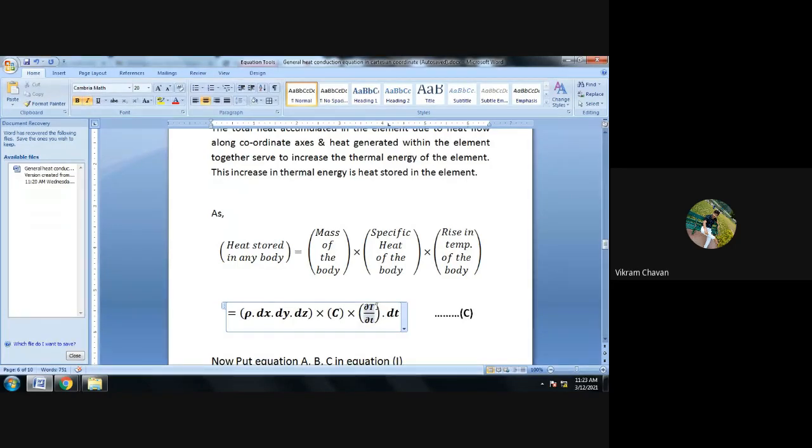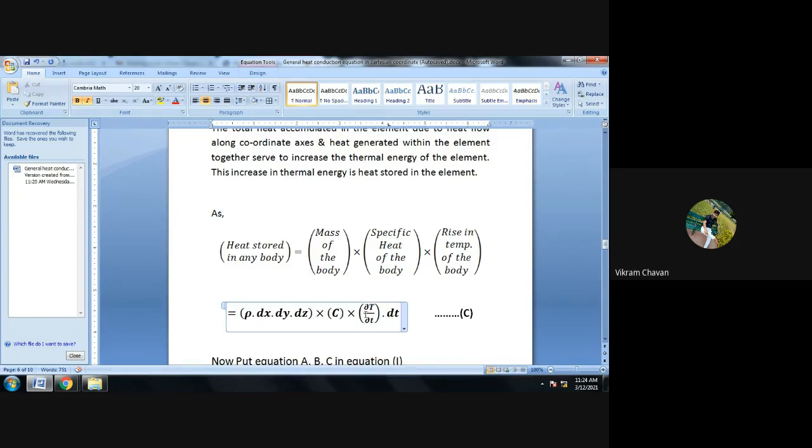If you want to find out the total rise in temperature, then we have to multiply with the total time interval for which we are going to consider this particular equation.